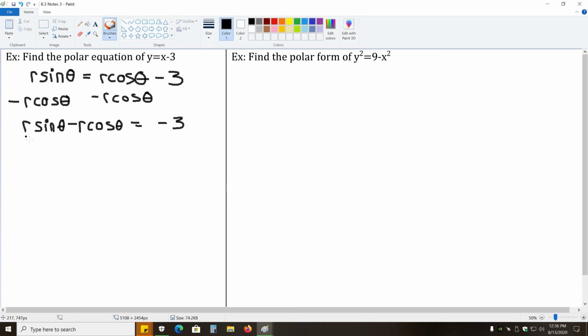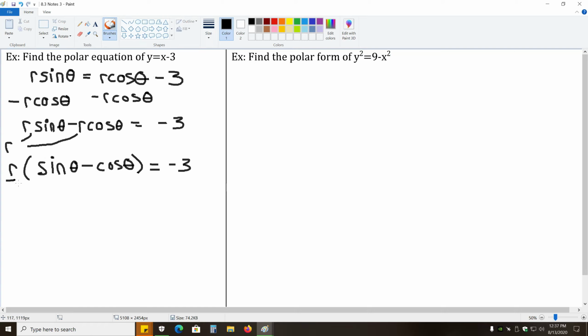And from here, we can factor out an r because it's common between our two terms that are being subtracted, which gives us r times the quantity of sine theta minus cosine theta equals negative 3.